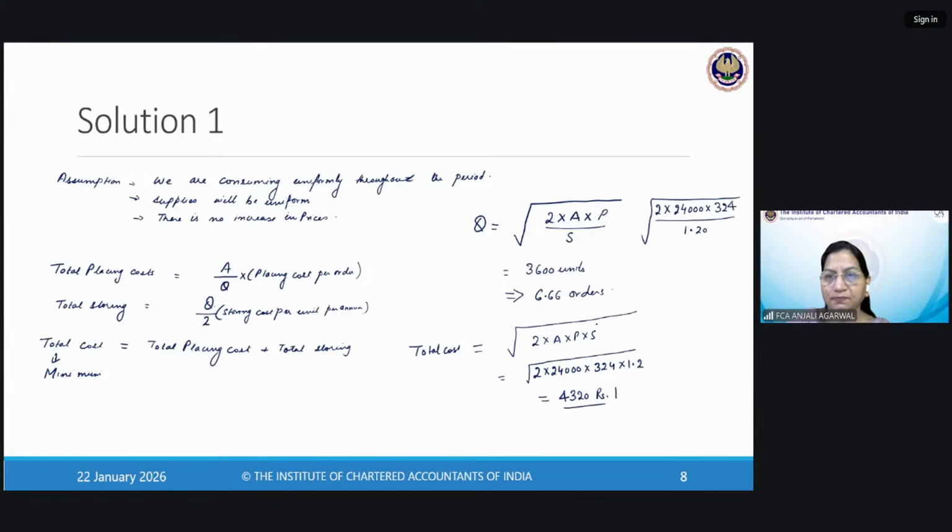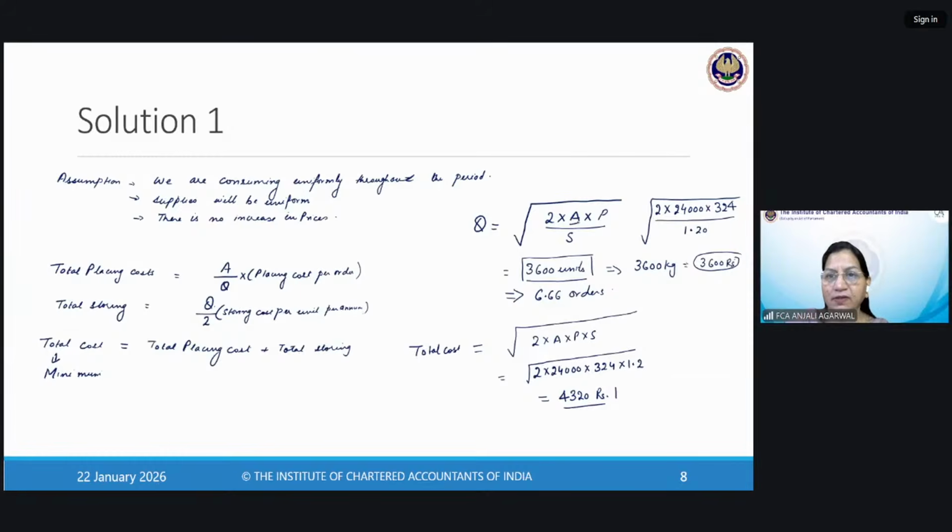Always remember to mark your units. If the annual usage was given in kgs, I would not have said 3,600 units. I would have said 3,600 kgs. If the annual usage was of 24,000 rupees, I would have ended up saying 3,600 rupees order should be placed at a time. Okay.